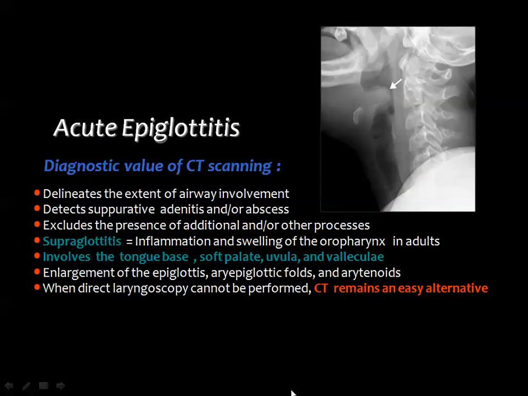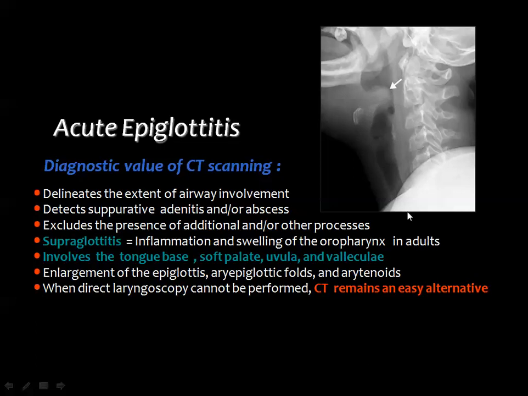And the diagnosis of epiglottitis is usually easy clinically, and it may not need the help of imaging, but the plain film can show the swollen epiglottis, which is compromising the airway.